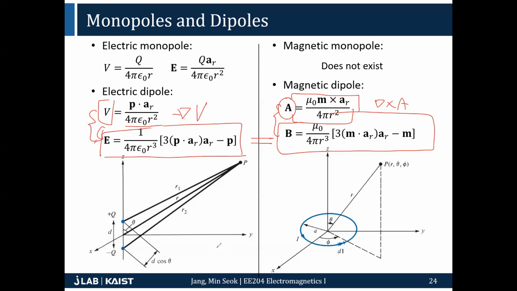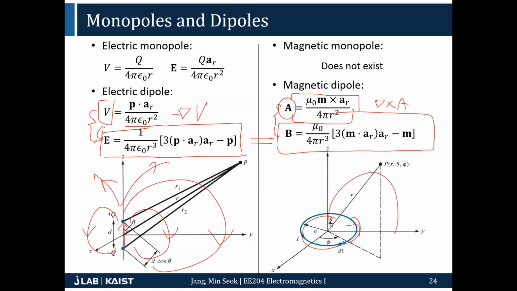So if you have an electric dipole here, you can expect this type of dipole field. And here too, if you have a magnetic dipole, which is actually a current carrying loop, your magnetic field shows exactly the same pattern.